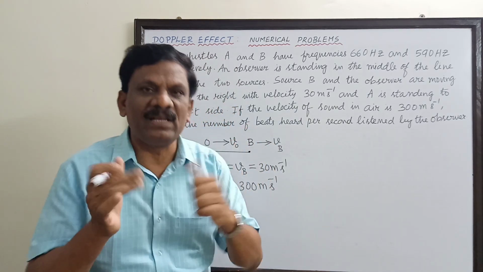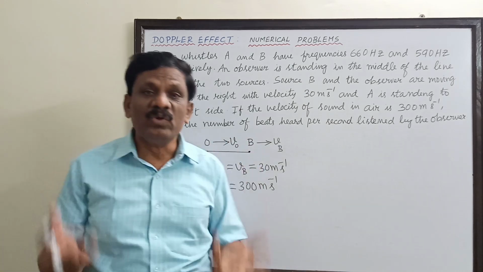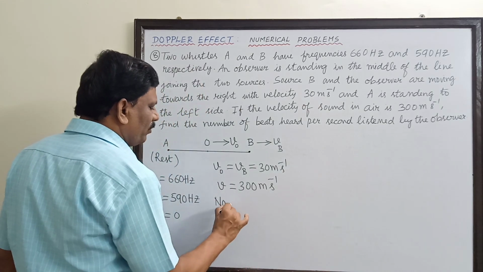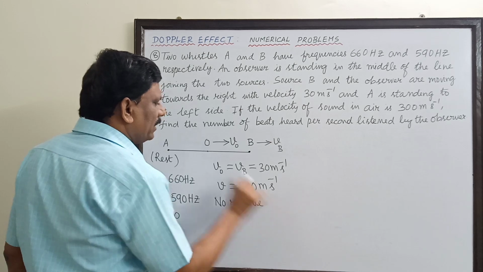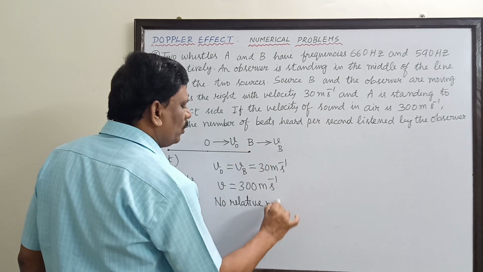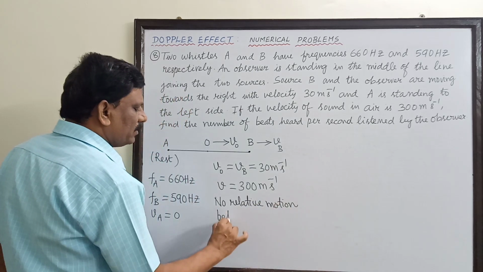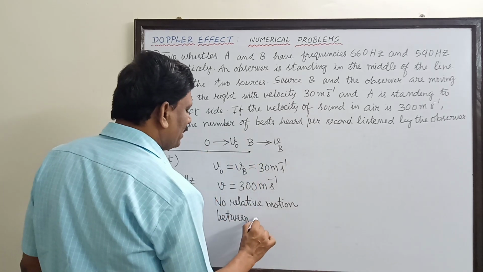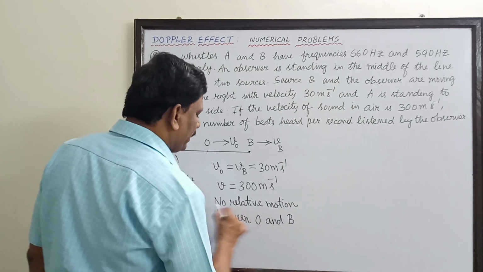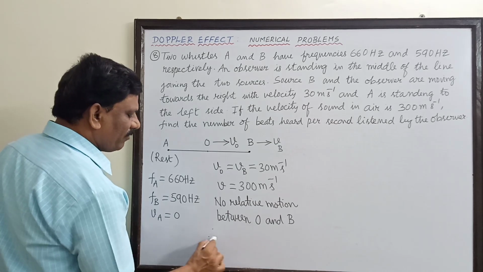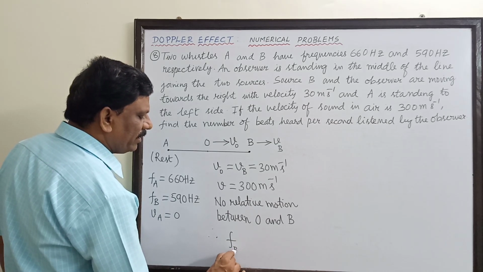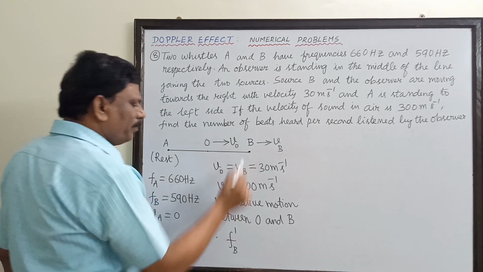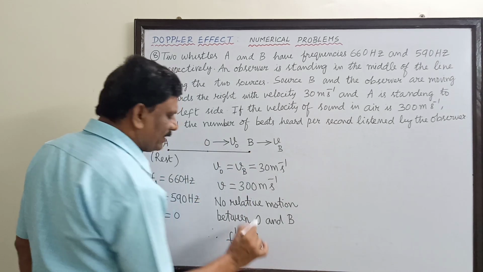But since they have the same velocity 30 meters per second, there is no relative motion between the observer and the source B. Therefore, the apparent frequency FB dash listened by the observer due to B is equal to its actual frequency.